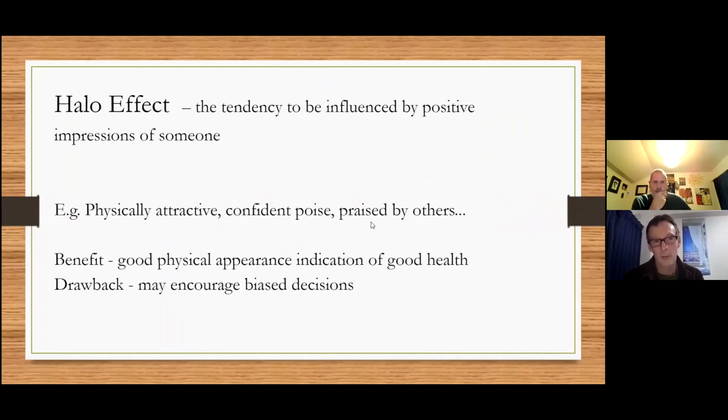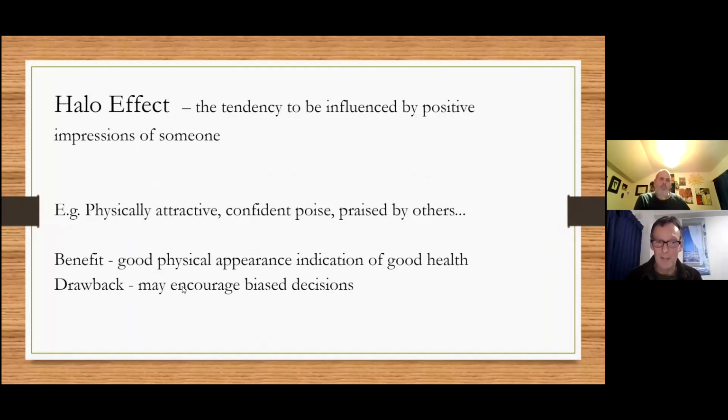One of the big ones for critical thinking, a very important one, is the halo effect. This is the tendency to be influenced by positive impressions of someone. For example, someone is very physically attractive, has a very confident poise, and is praised by others. This can create an impression, a halo effect. The benefit from an evolutionary point of view is that a good physical appearance was an indication of good health, and therefore probably a good mate.